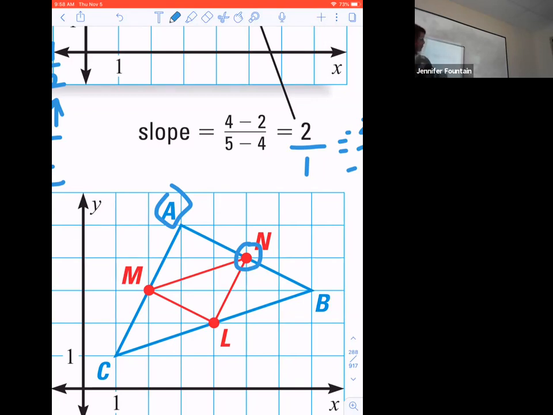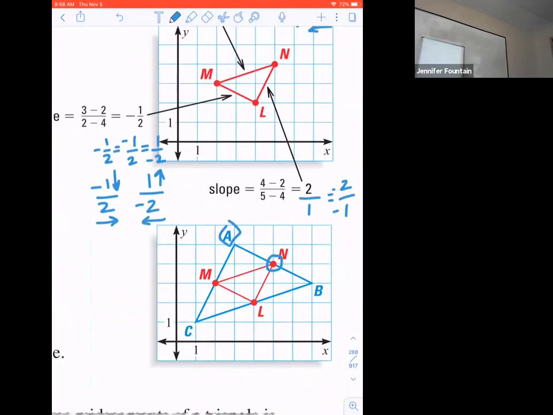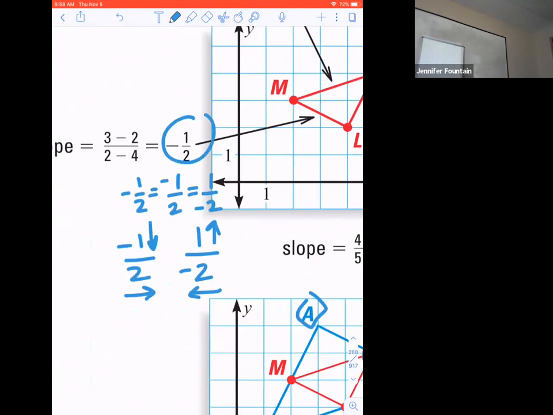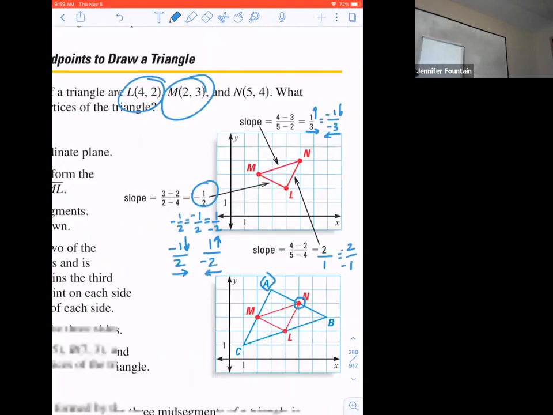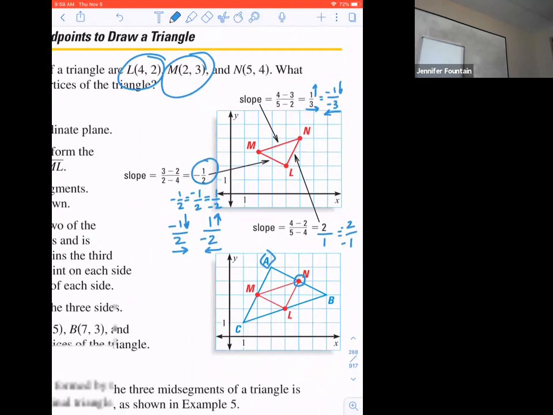Okay, up 1, so that's a positive 1, right? Left 2. So what's the slope? 1 over negative 2. Okay, so I'm using that 1 over -2. Notice I'm using that slope here. All right. So I'm using that -1/2 to go from N, and then I'm able to get to A.